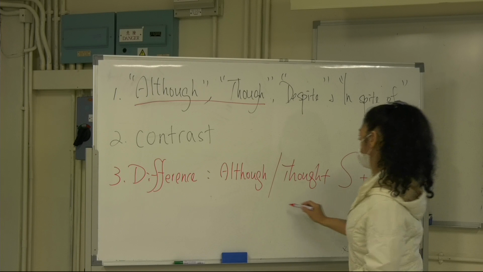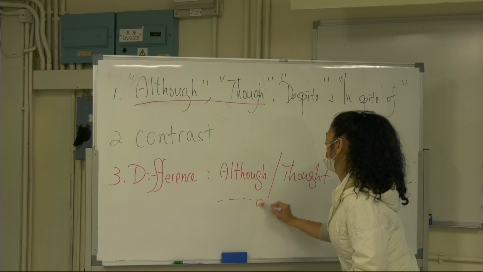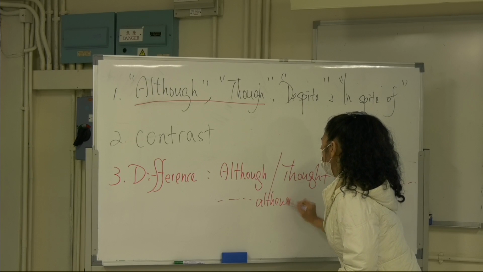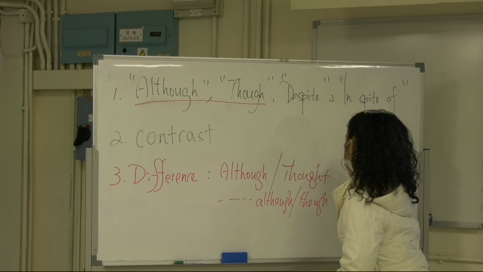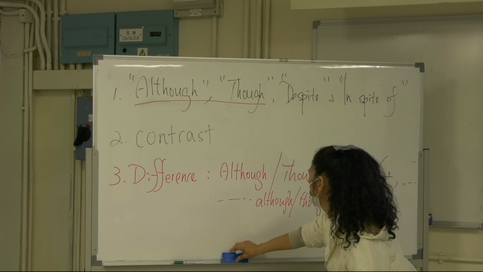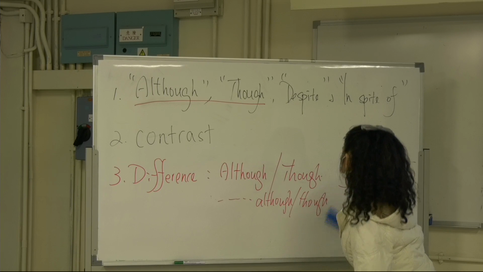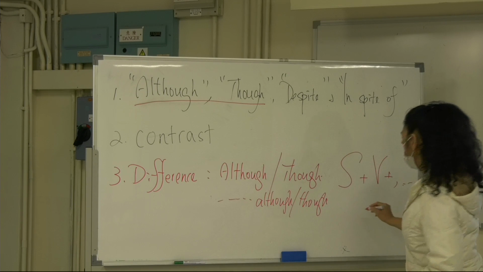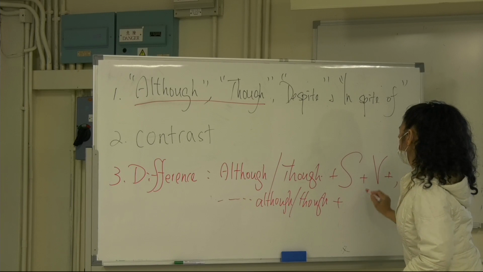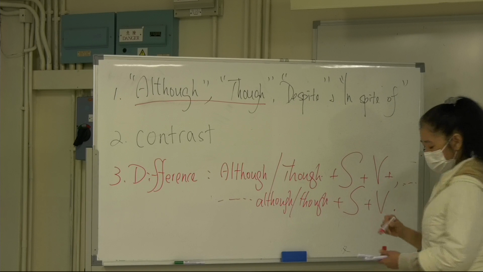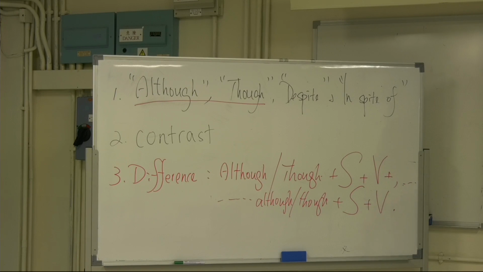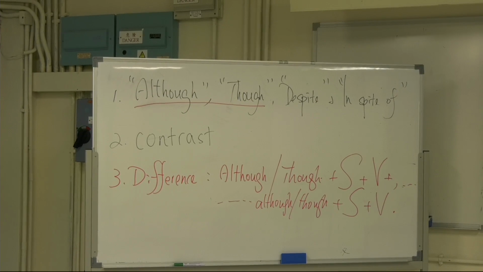If in the middle, just the same, not for though, just the same, followed by subject plus verb. But this time we end with a full stop. So this is the grammatical structure of although and despite.